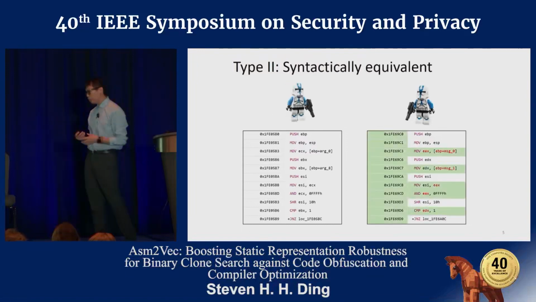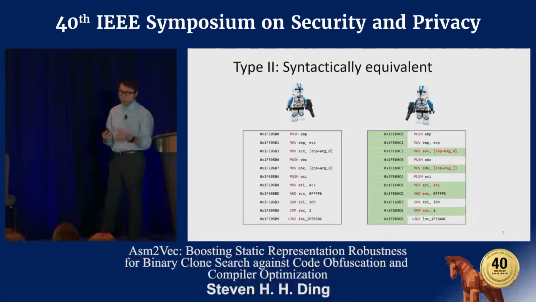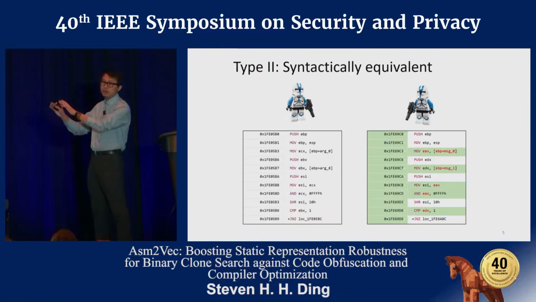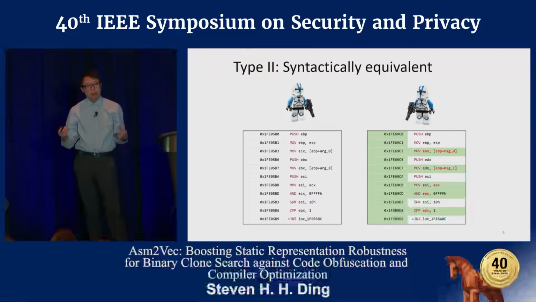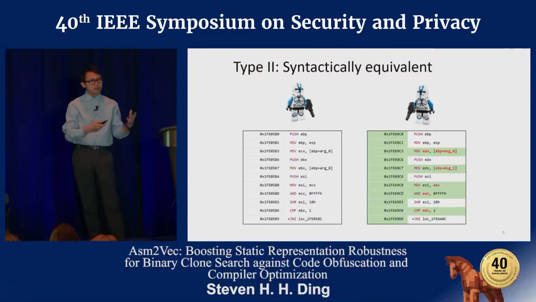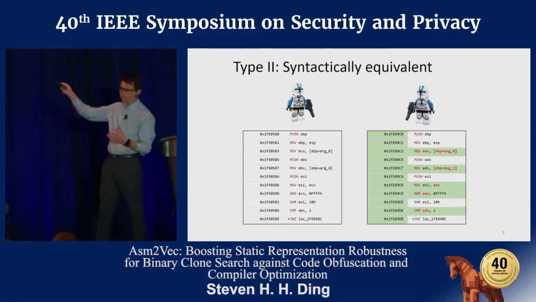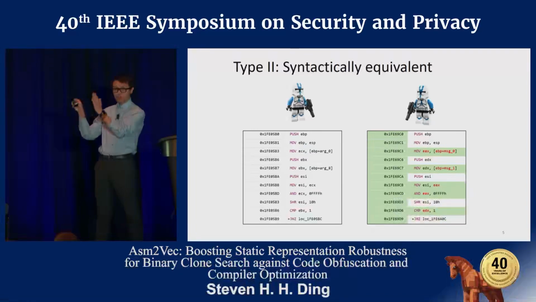The second type of clone is called syntactically equivalent. These two pieces of assembly code look different, but they correspond to the same logic, maybe because, due to different compilers or different versions of the compiler, they use different registers or different offsets on the stack to represent different variables. After normalizing the instructions and variables into their abstract high-level token representation, they are actually the same, just like these two minifigures, where the picture is taken from a different angle.